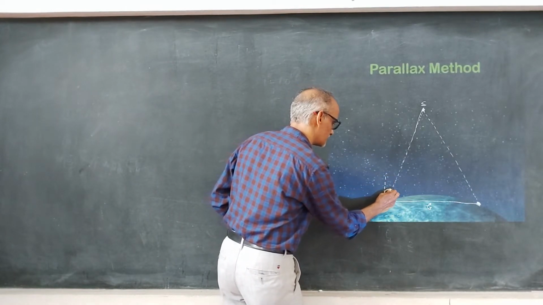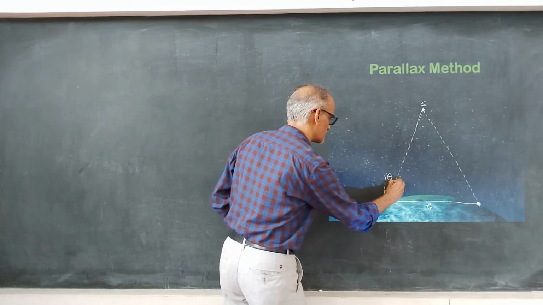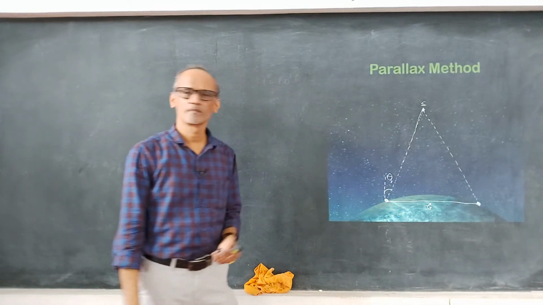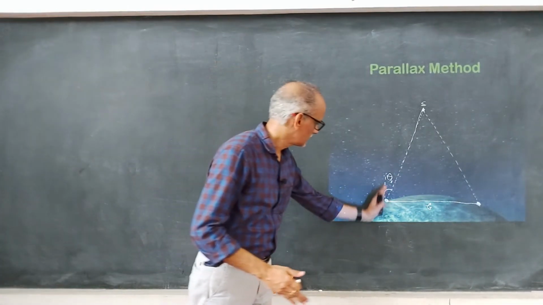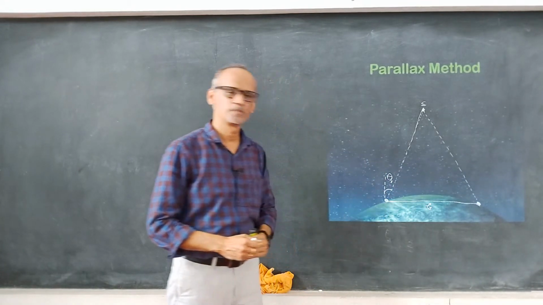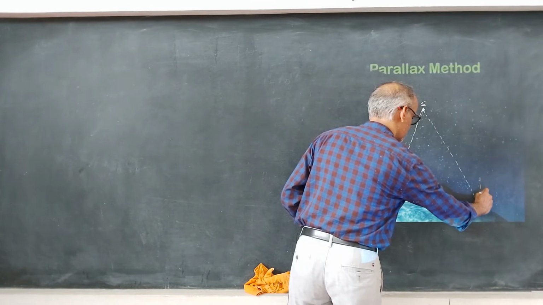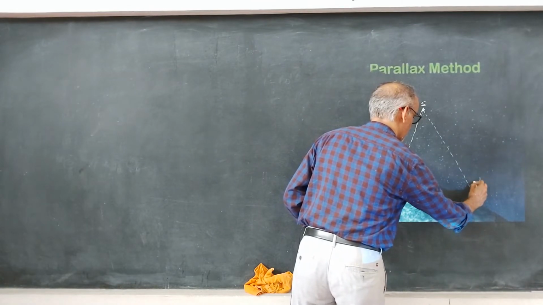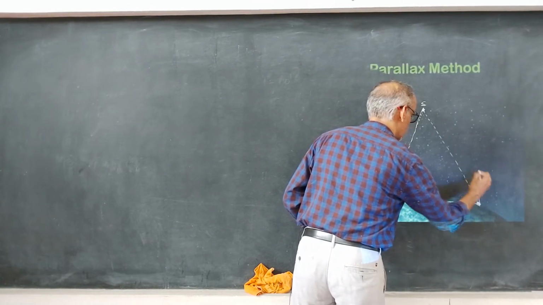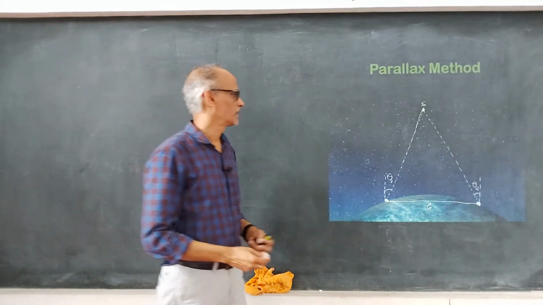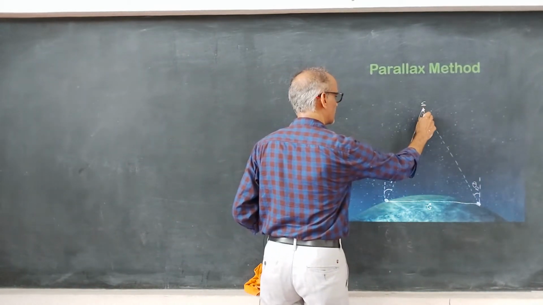This angle I am going to mark as theta 1. Correct? The angle made with the vertical here, that is theta 1. Again here we can measure this angle, that is theta 2.